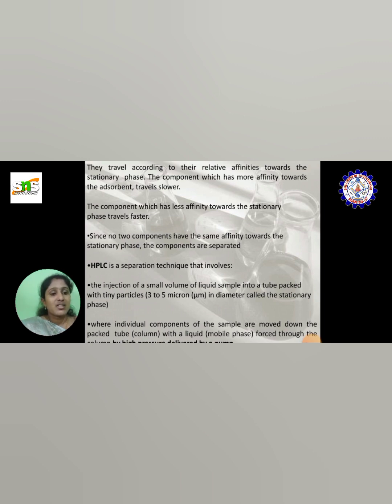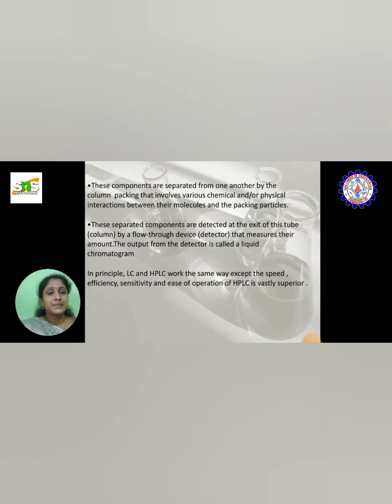HPLC is a separation technique that involves the injection of a small volume of liquid sample into a tube packed with tiny particles, 3 to 5 micron in diameter, called the stationary phase. These components are separated from one another by the column packing through various chemical and or physical interactions between their molecules and the packing particles.